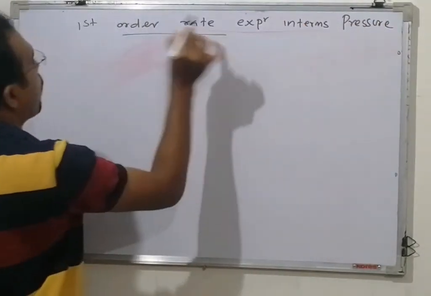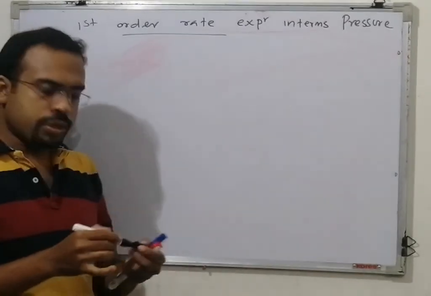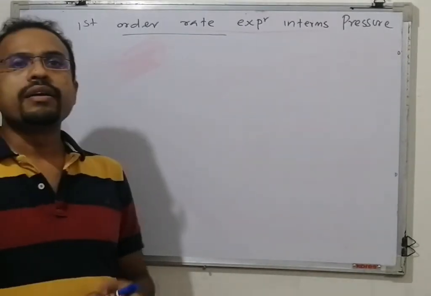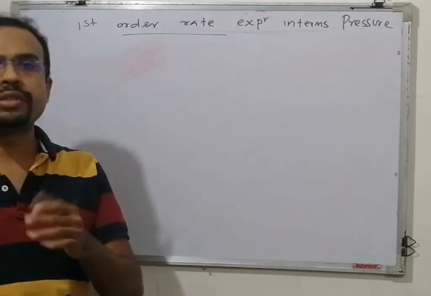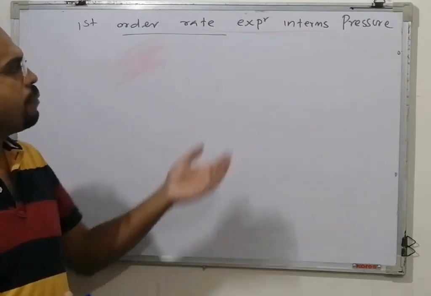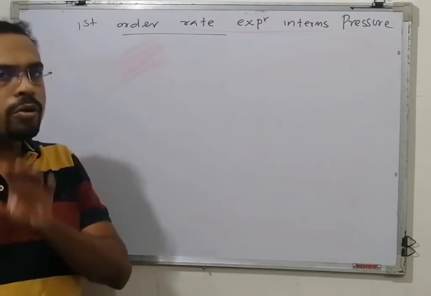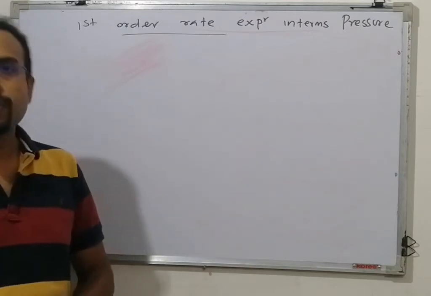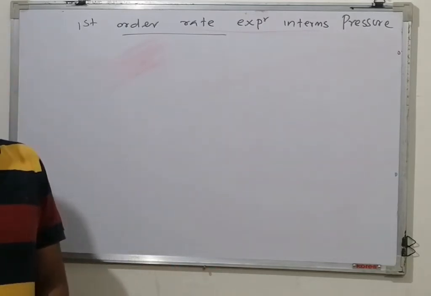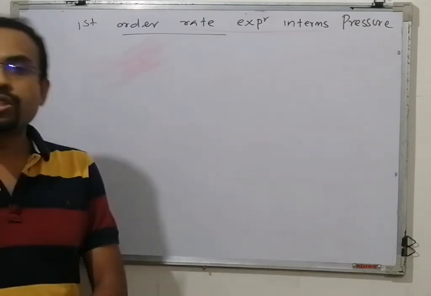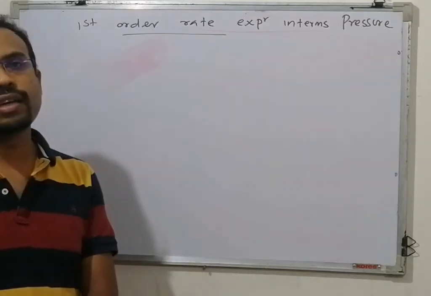This is also very important. All previous equations are expressed in terms of concentration, but the same first order equation can be derived in terms of pressure. I am not going to derive that equation. You can do that, but I introduce the equation because it is very important for competitive examinations.